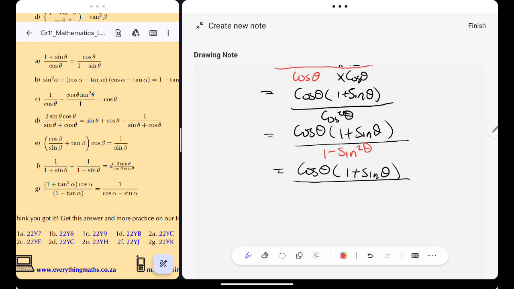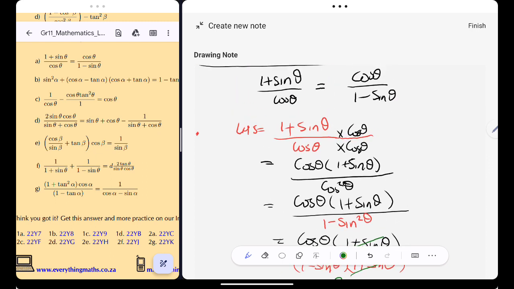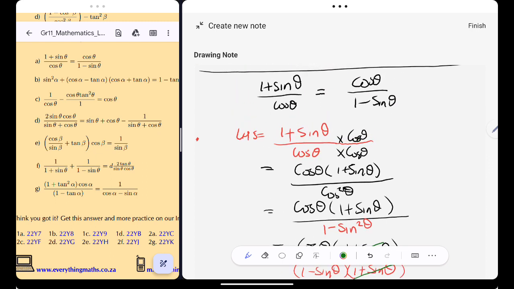This can be further factorized as 1 minus sine theta times 1 plus sine theta, because it's the difference of two squares. So this will go with this one, and I'll be left with cos of theta all over 1 minus the sine of angle theta. This is how I've proven the identity.